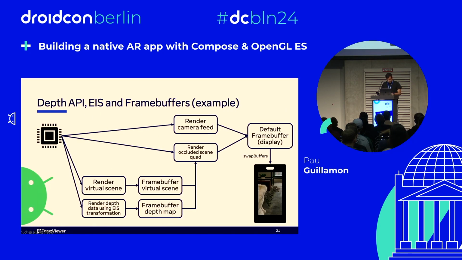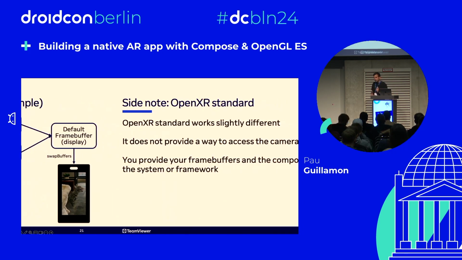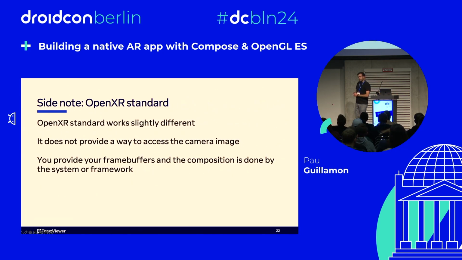Let's go back to the slides. Just finalizing now. As a side note, if you've ever heard of the OpenXR standard, it's gaining popularity in recent years, especially with all the different VR headsets and the WebAR standard, WebXR standard. It's very cool that we have a standard to support these use cases, but it works slightly differently.